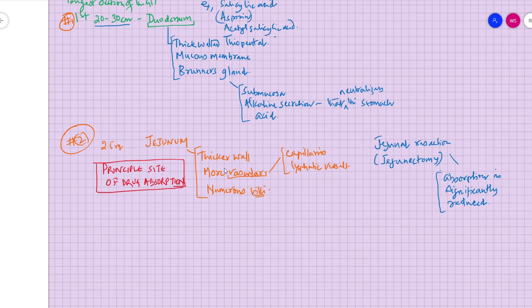And that in fact emphasizes the point that we made here, that it is the principal site of drug absorption.